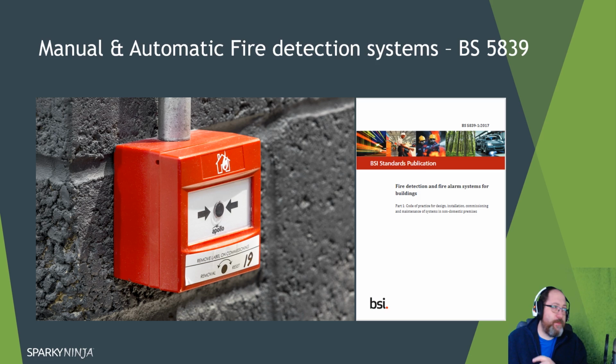Fire protection. We would go to BS 5839, but from a wiring regulations perspective, we do need to remember that in Part 5, safety services, it will say segregation. We need to make sure that a wiring system is installed that is separated from the mains power. Same with emergency lighting.